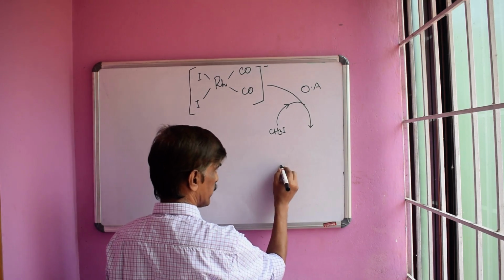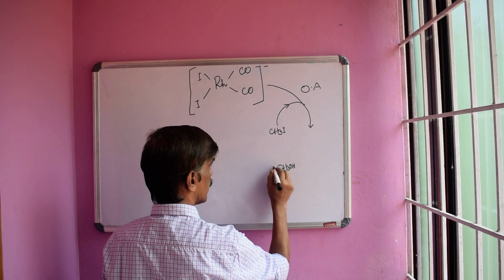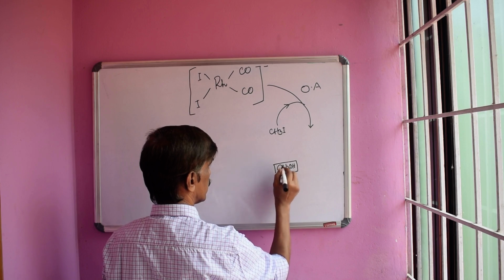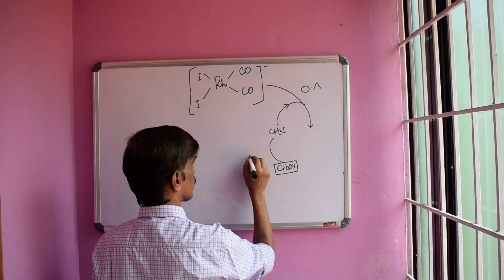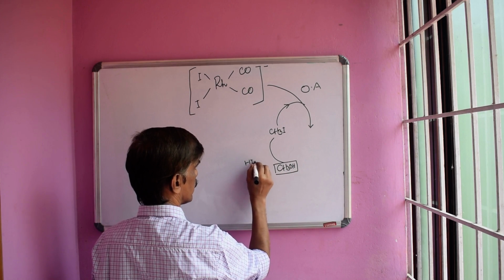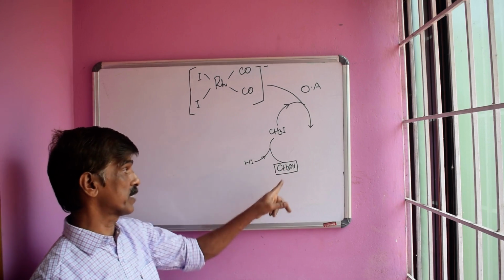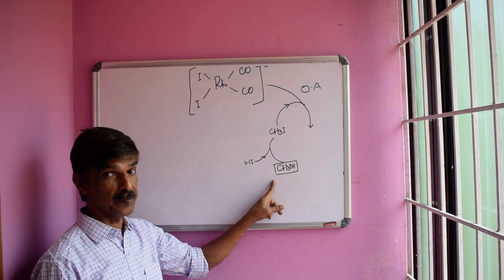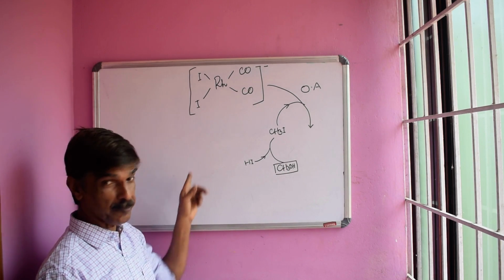This methyl iodide is formed from one of the reactant species, that is CH3OH, and HI, which comes from some stage that will be clear later.